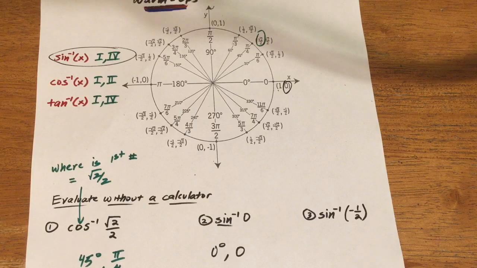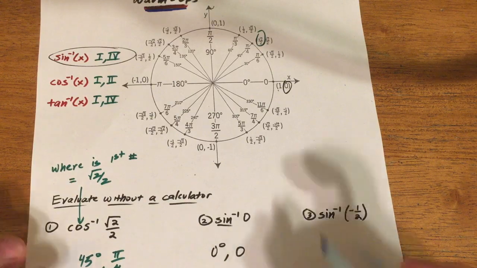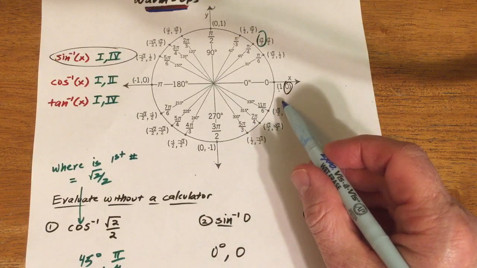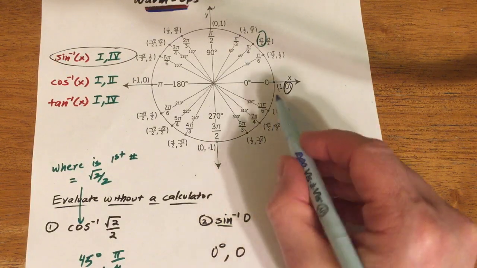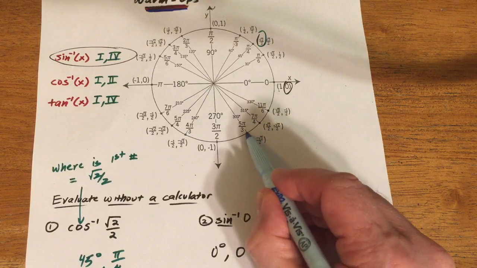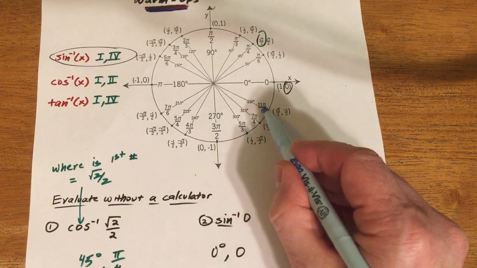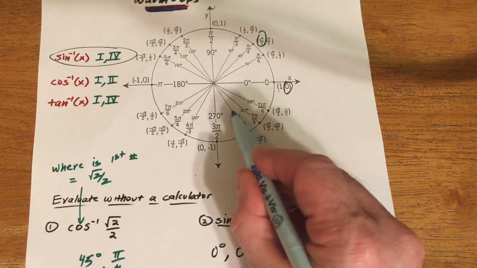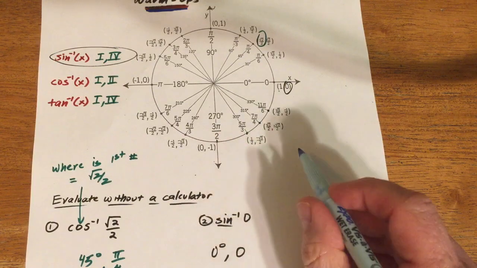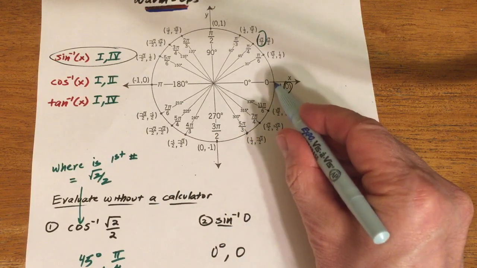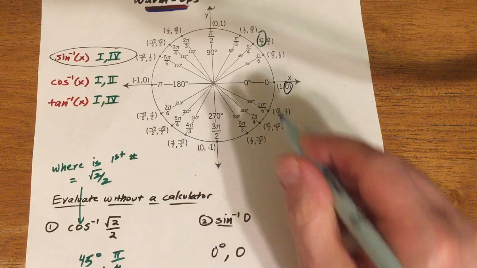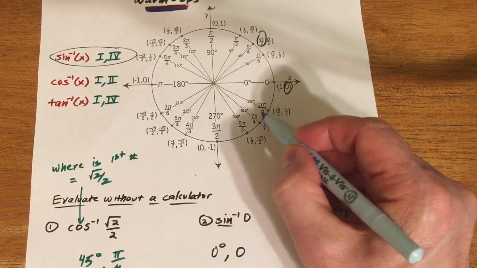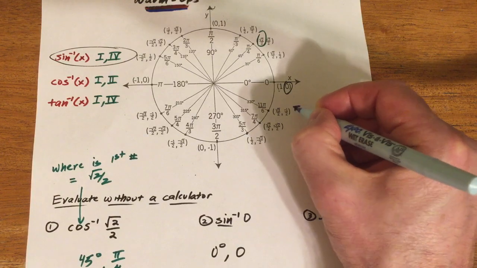For this last one, there's something that I want to review briefly, which was a subtle thing. Anytime we're in quadrant number 4, which is going to end up being at these possible locations here, we don't want to use 330 and 11 pi over 6, 315 and 7 pi over 4. We don't want to use these values at all. We need to use the negative values that are coterminal with this. And so instead of 11 pi over 6, we're going to want to use negative pi over 6.